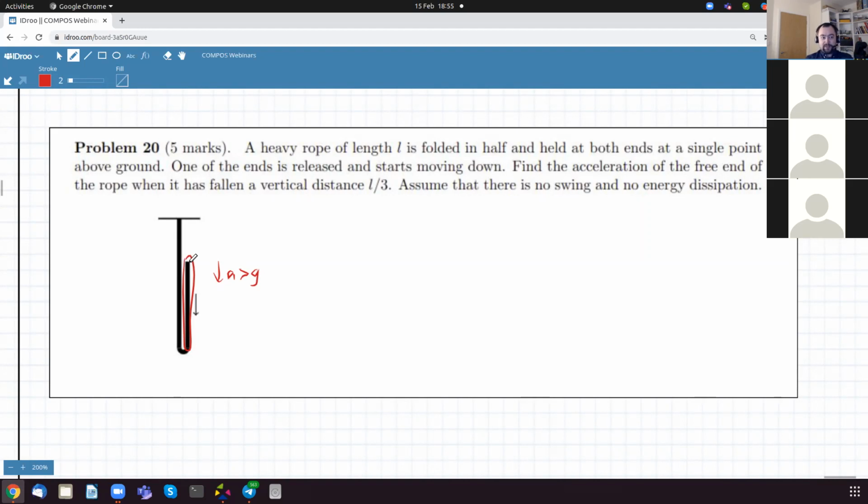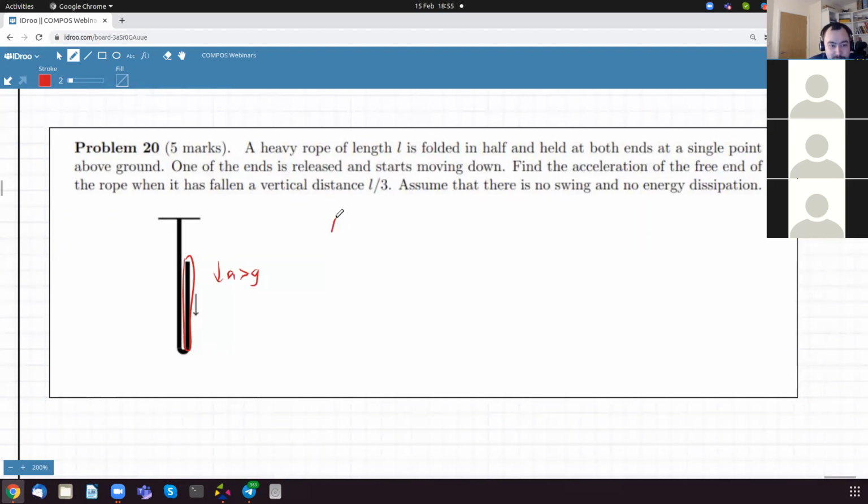Okay, so in this case, the center of mass of the rope moves downwards, and the change of the gravitational potential of all of the rope goes into the kinetic energy of just this bit of the rope.